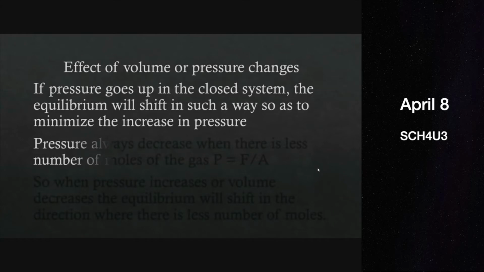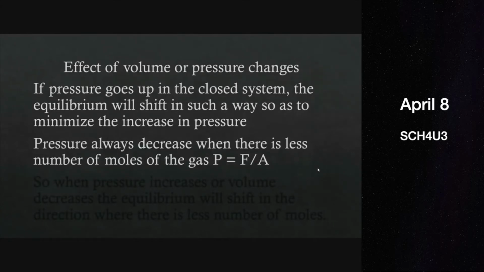Again, pressure is always force by area. Force is created by the number of particles colliding on the surface of the vessel, so this depends upon the number of moles. In general, the equilibrium will always shift in the direction where there is a smaller number of moles of either reactants or products. There is no specific answer; it all depends on the equation.